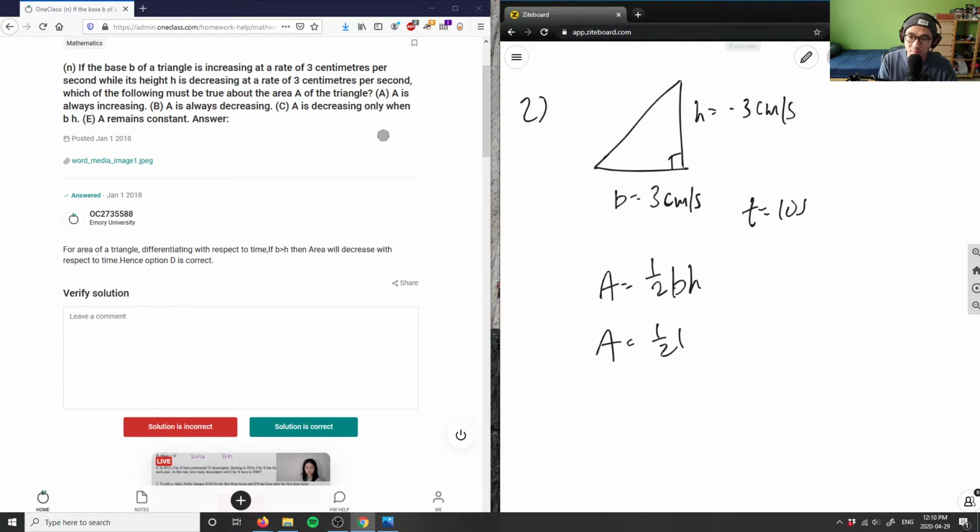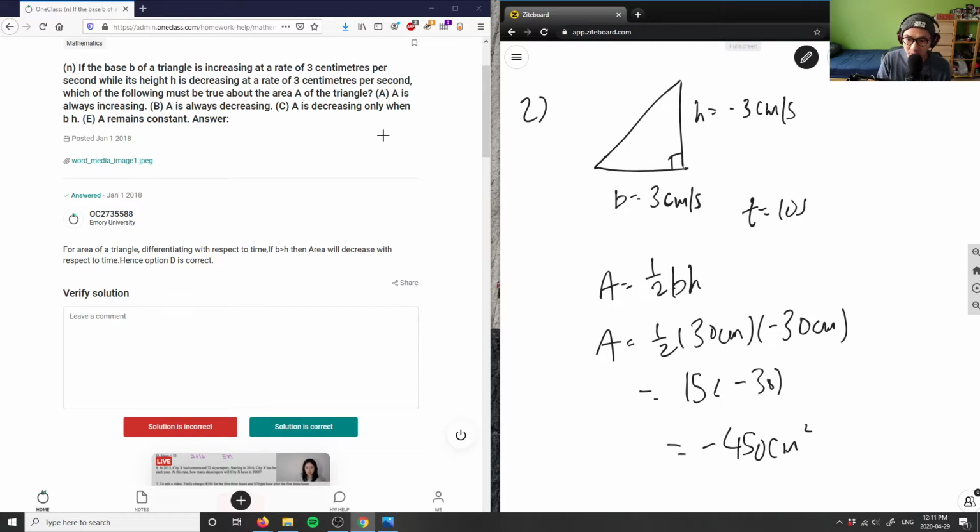Then my base would be 30 centimeters, and my height would be negative 30 centimeters, right? And you would get a value of 15 times negative 30, which is negative 450 centimeters squared. So this would give me a negative area, which doesn't really make sense, because this is simply the rate at which it decreases.